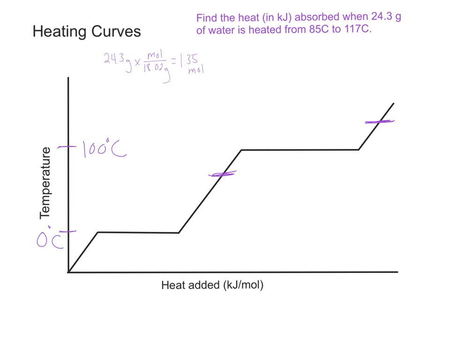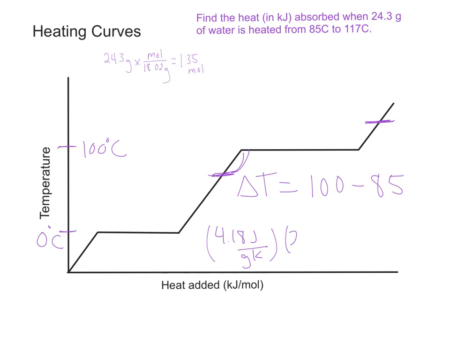First I want to figure out what my Q will be when I know that my first delta T for this portion right here will be 100 minus 85. Okay, because we are figuring out how much heat it takes to increase the liquid water from 85 degrees Celsius to 100 degrees Celsius before we get to the boiling point. So the specific heat of liquid water is 4.18 joules per gram Kelvin, right?